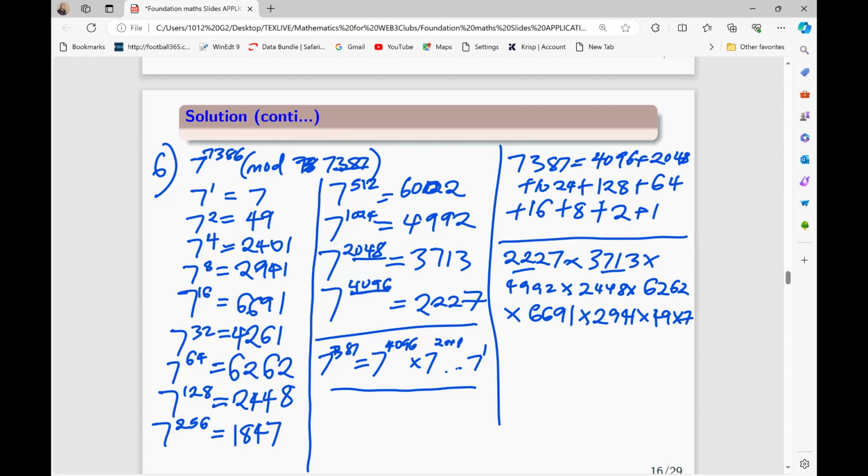Oh, okay, I've noticed a problem. I think we are going to do 86, not 87. So we have to remove this one here. So we won't be multiplying by 7. I think you have noted that error because we're doing the power of 7386, not 7387. So if we're doing for 7386, the one here is going to give us a wrong answer.